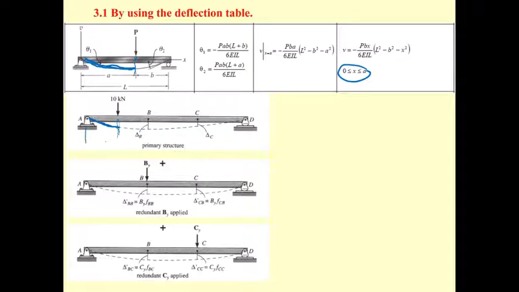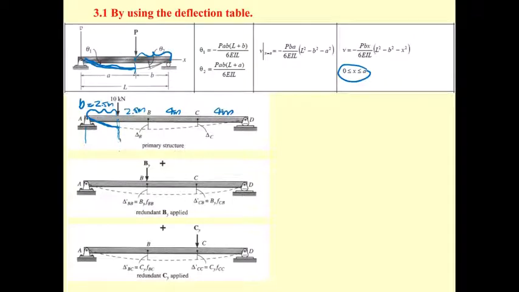So the distance from the force to this end, we set this one as B. If you may recall, this one is 2.5 meter, so B is going to be 2.5. This one is 4 meter, right?